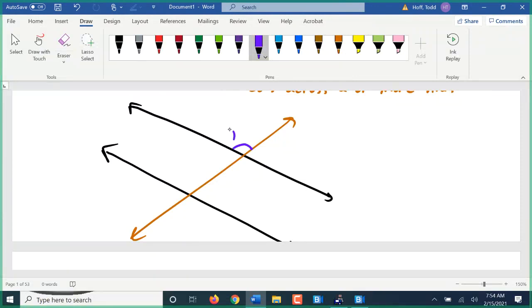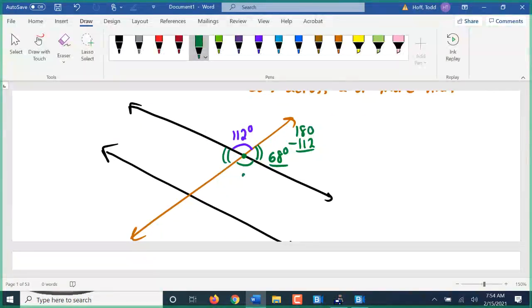If I know that this angle here is 112 degrees, of course, I know all 4 of the angles now at this intersection, don't I? What's this one up here have to be? 68 degrees.